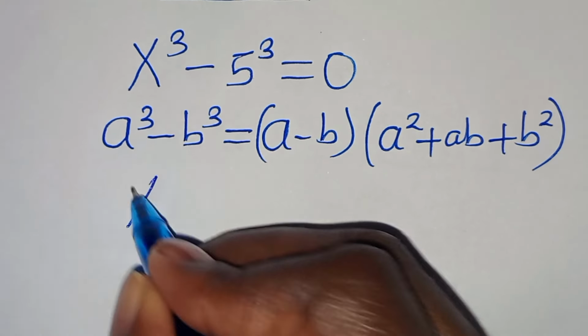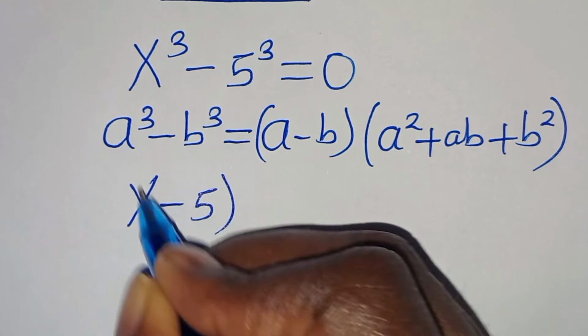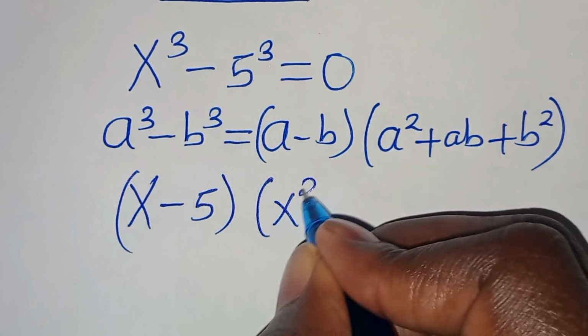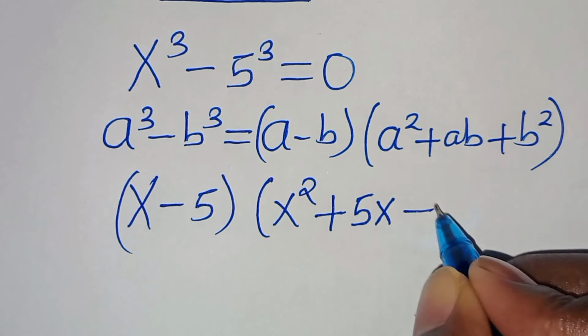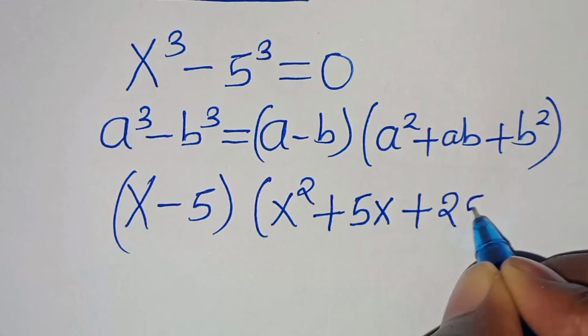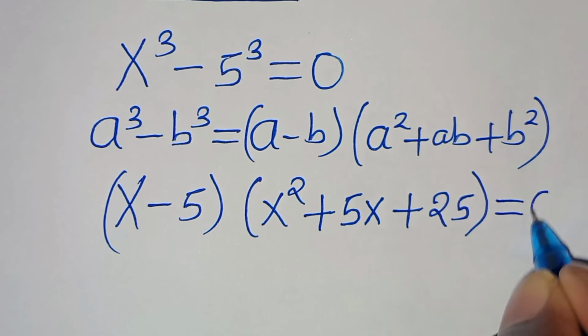So here we have x minus 5, times x squared plus 5 times x, which is 5x, then plus 5 squared, which is 25. This is equal to 0.